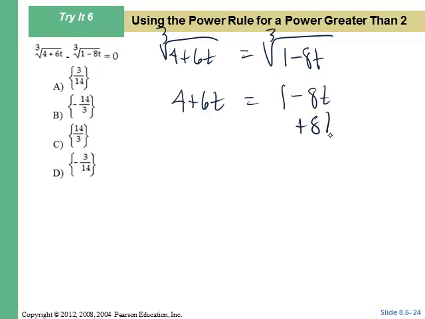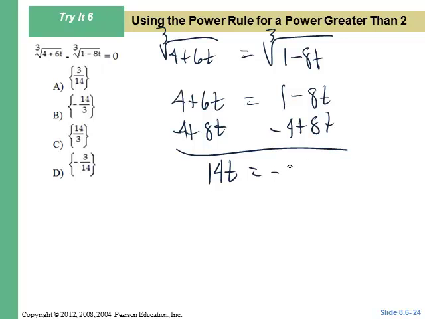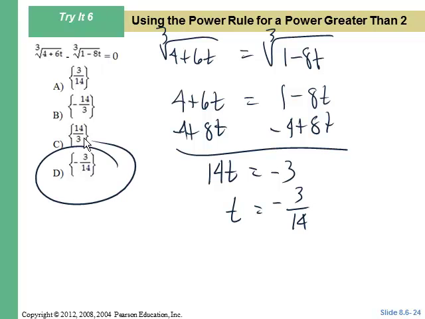Add 8t to both sides and subtract 4 from both sides, and you get 14t equals negative 3. T is negative 3/14. Check it and see. Well, actually, since it's a cube, cubes work either way, so it's going to be negative 3/14.